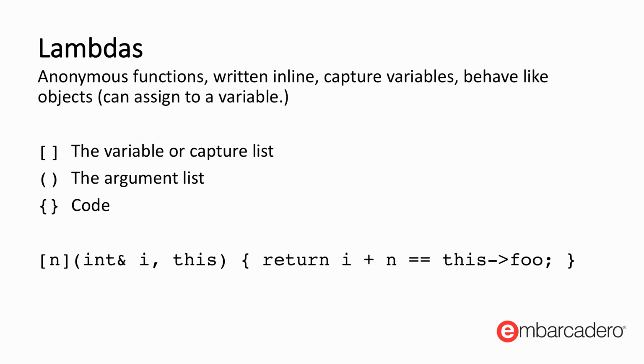They have 3 parts. The variable or capture list, square brackets, this is the only unusual part. The argument list, in round brackets, just like a normal function. The code, in curly brackets, just like a normal function.